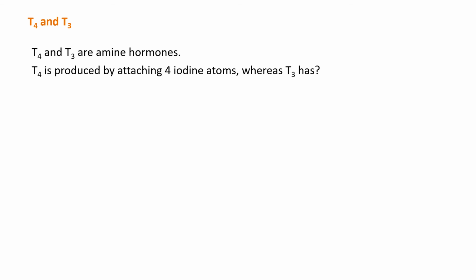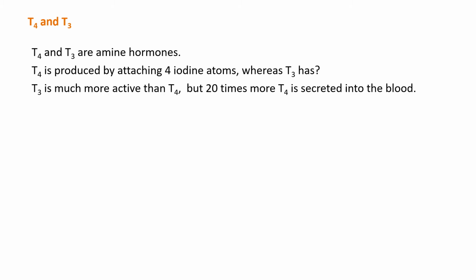T3 and T4, as we said, they are amine hormones, and as we said, T4 has 4 iodine atoms, whereas T3, of course, has 3, hence the numbers. T3 is actually much more active than T4, and often T4 has to be deiodinased, in other words, an iodine taken off, to make it T3 before it becomes active. But we are releasing from the thyroid gland 20 times more T4 than T3.